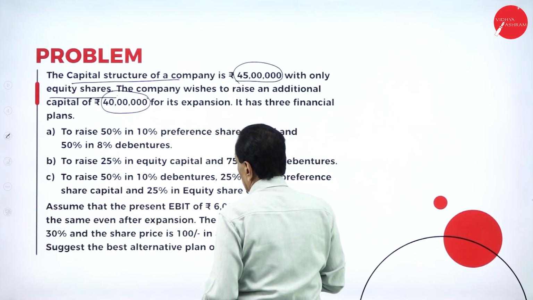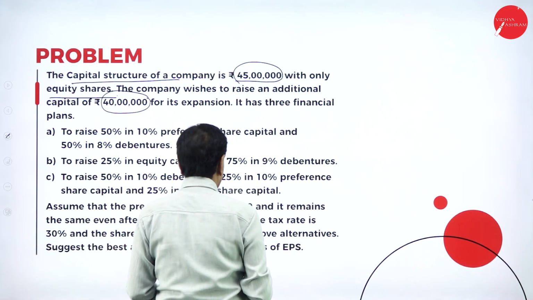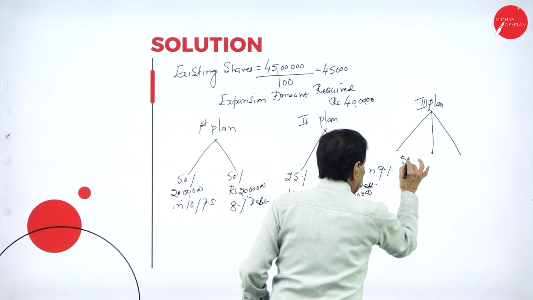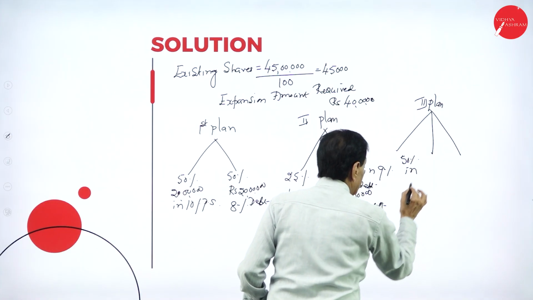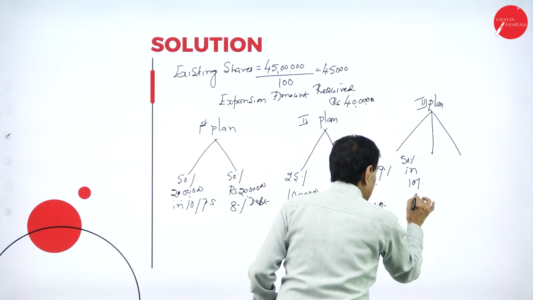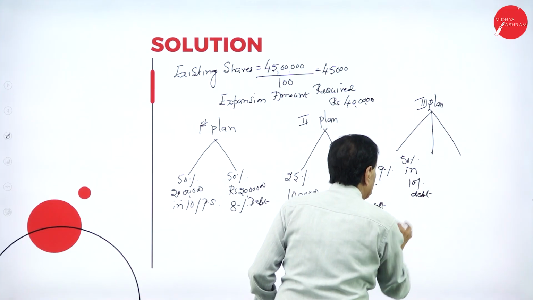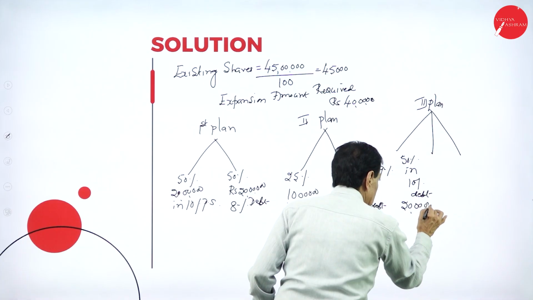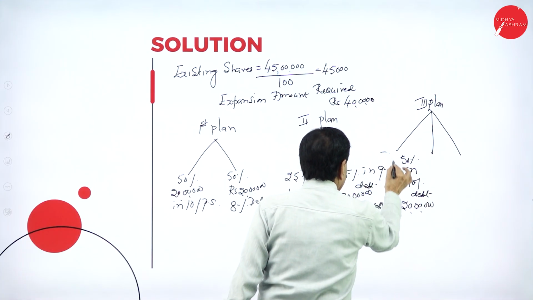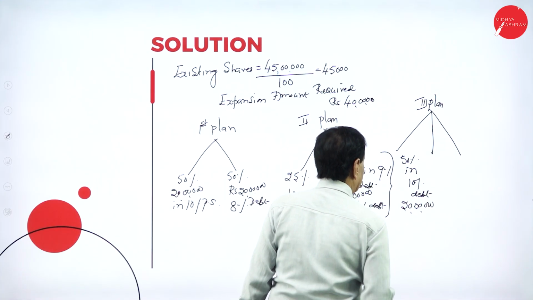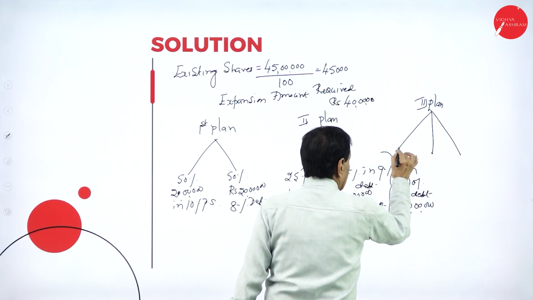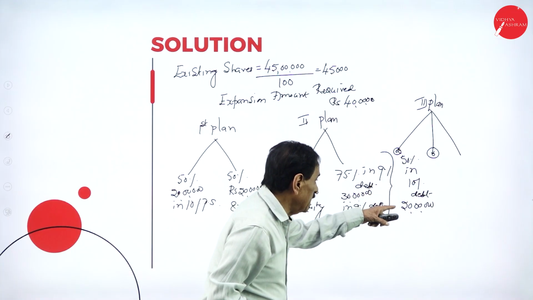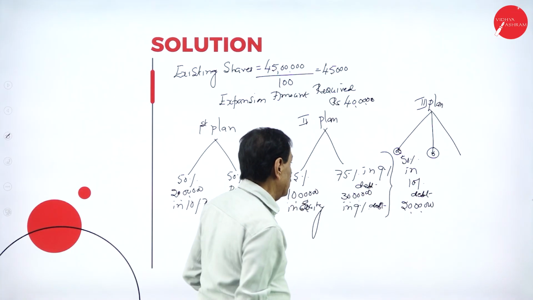First one, 50% in 10% debenture, that is 20 lakh. First case is A, B: 50% in 10%, 20 lakh in 10% debenture.